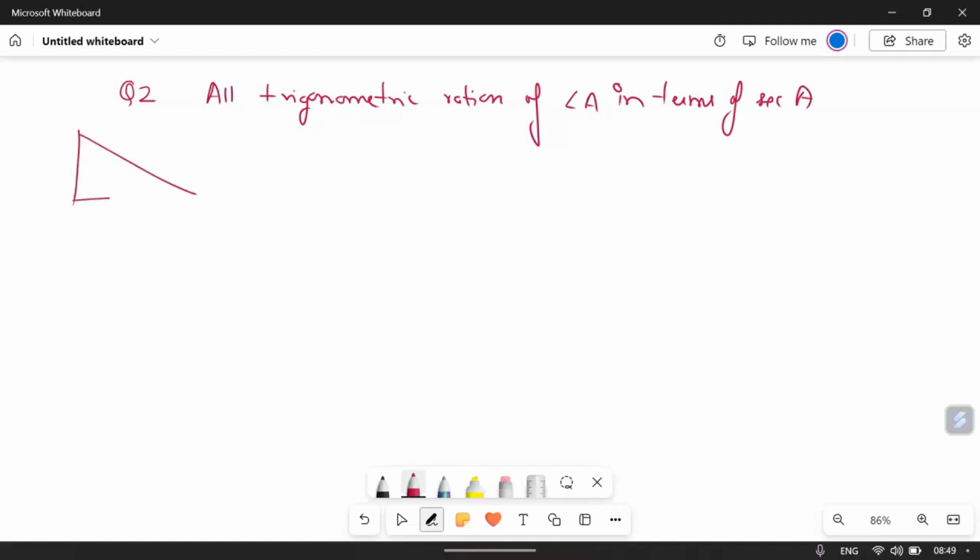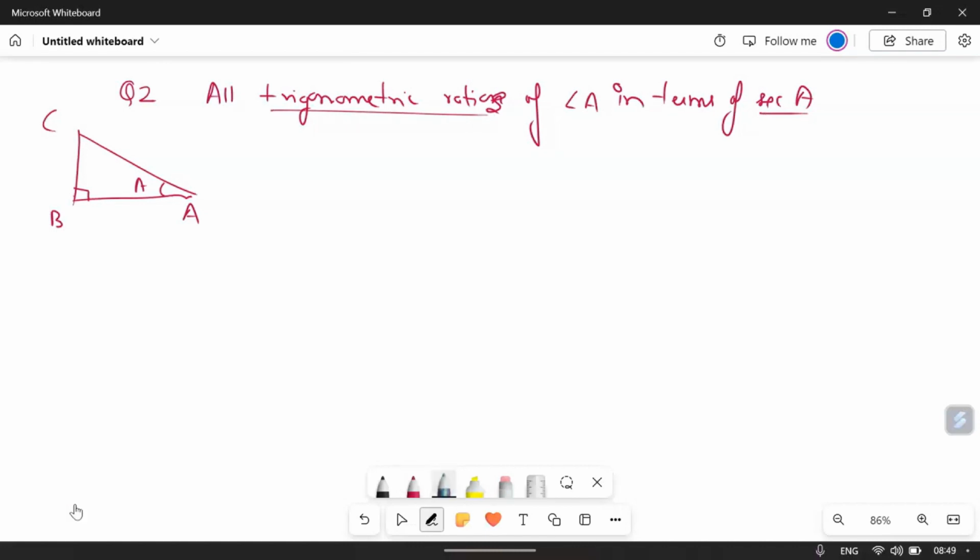Suppose there is a triangle ABC and this is angle A, as you know, and it is right angle at 90 degree. Now we need to convert this angle A. There are so many formulas like sin A, cos A, sec A, tan A, cot A, cosec A. 6 trigonometry ratios. All the trigonometry ratios we need to convert this into sec A. Okay, this is the question.